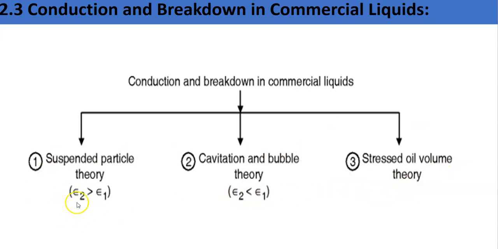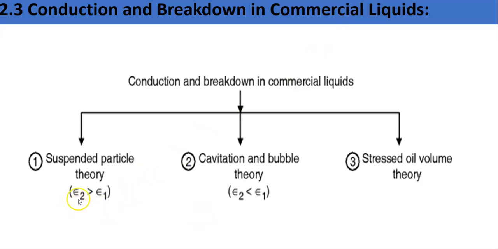Now, what are epsilon 2 and epsilon 1? Here in liquid, the permittivity of the liquid plays a very important role. For a number of breakdown theories, we take the help of impurity in the liquid, because we are talking about breakdown in commercial liquid. So what is the permittivity of the impurity, and what is the permittivity of the liquid?